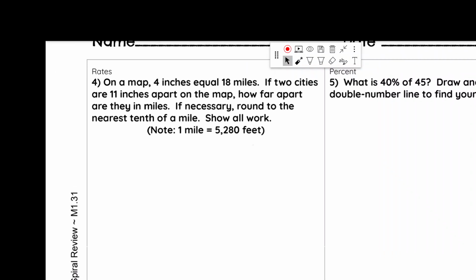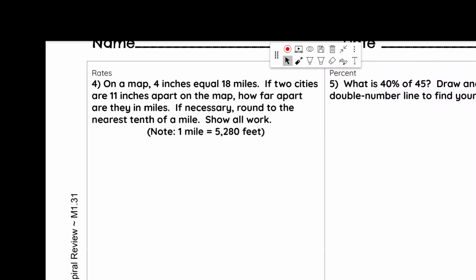Alright, on a map, 4 inches equal 18 miles. I notice I've got kind of a conversion rate here. 4 inches equals 18 miles. If two cities are 11 inches apart on the map, how far apart are they in miles? If necessary, round to the nearest tenth of a mile, show all work.